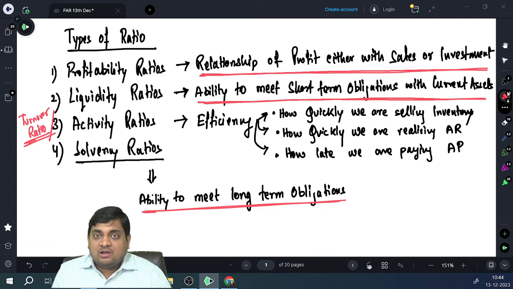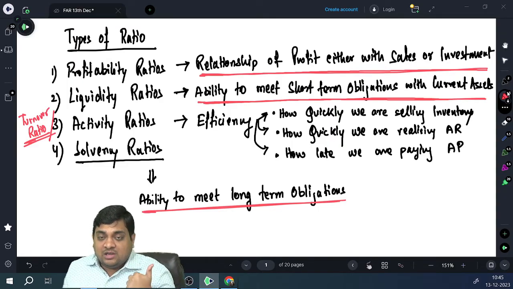Obviously you need to pay your accounts payable on time, but still you can delay as much as possible if the creditors are giving you some kind of credit period, right? However, you should not delay so much that the creditors next time won't sell you goods on credit, right? That thing also you need to keep in mind.